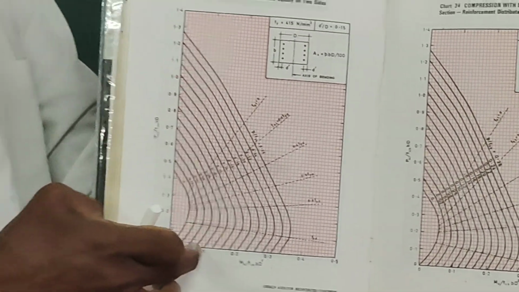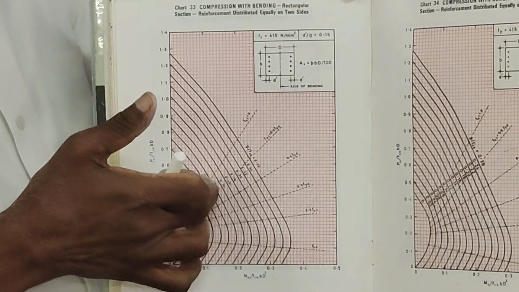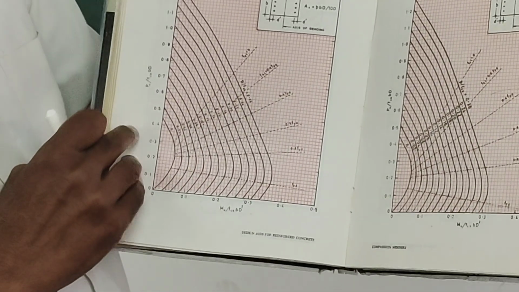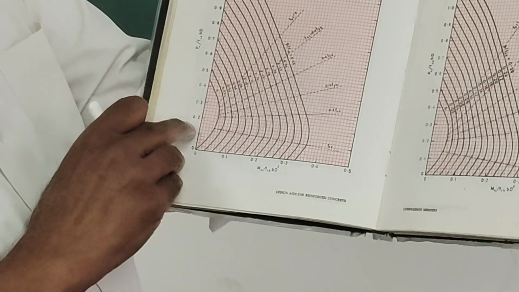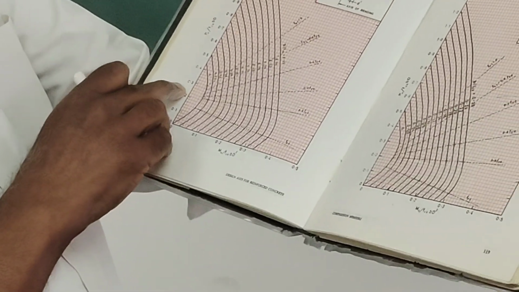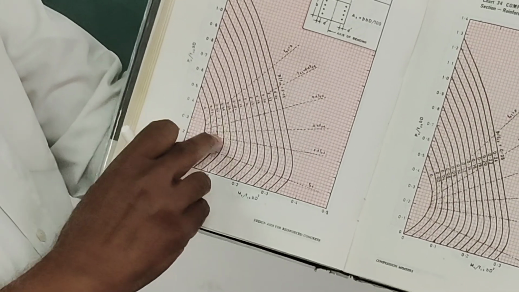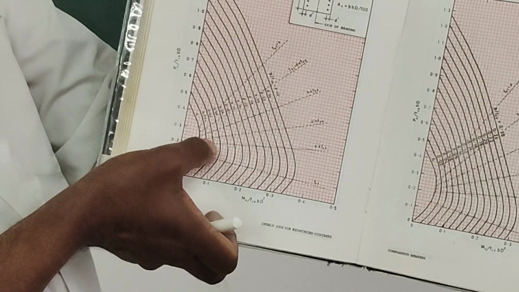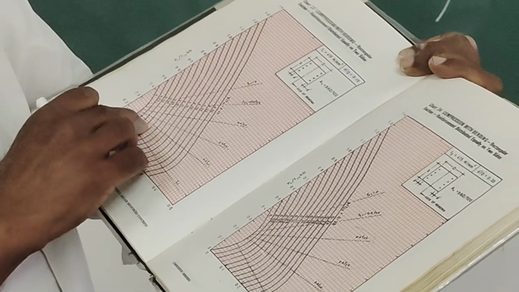In pencil, draw a vertical line along that. Corresponding Pu by fck b D is 0.25, which comes after 0.2 here. Draw a horizontal line there; the intersection of these two will be in between.